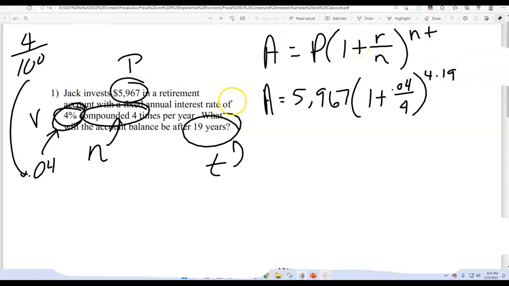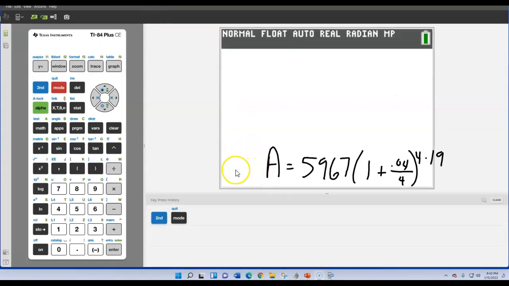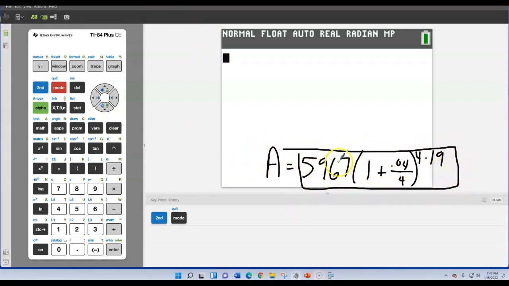So let's go ahead and see how do we simplify this now in a calculator so we can get a final answer. So I'm going to show you guys 2 ways to do this. One way, the first way I'm going to show you just by typing it all in at once. Now, if you're going to be typing it all in at once, here's how we're going to be doing it. We'll make a few modifications to this whole expression here. I'm going to be putting this piece in parentheses.